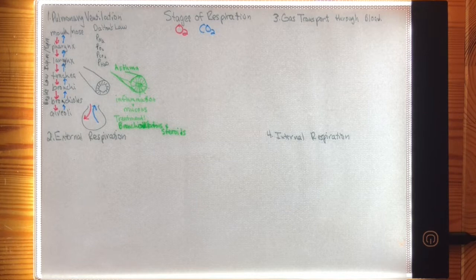When we write the partial pressure of a gas, we write a capital P, and then in a small subscript next to it, we write what the gas is that we're addressing in that moment. So the big ones are the partial pressure of nitrogen, the partial pressure of oxygen, the partial pressure of carbon dioxide, and then in this case, we're going to go ahead and write the partial pressure of water as well.